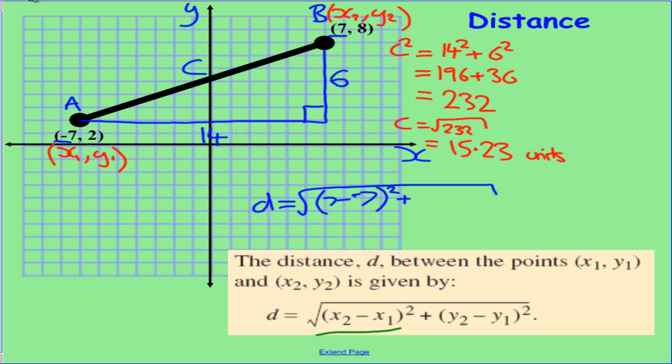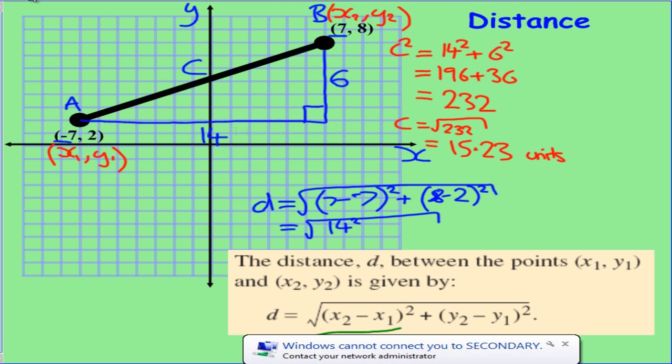Now our y2 value was 8 minus our y1 value of 2, and our formula says to square that. Now 7 minus -7 means we have 14 squared, plus 8 minus 2 is 6 squared.